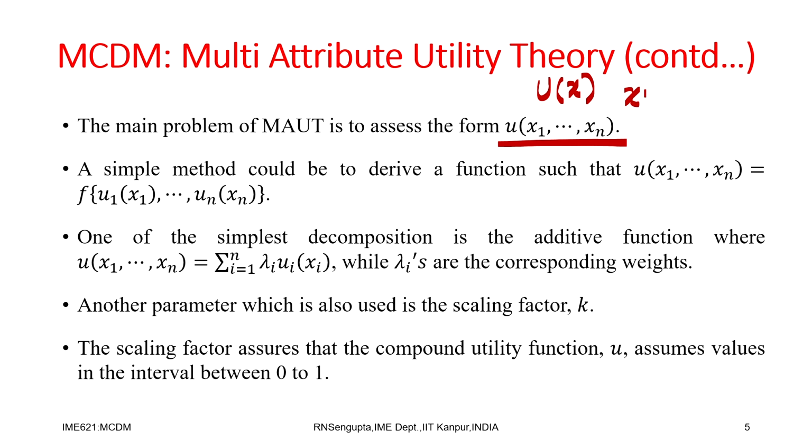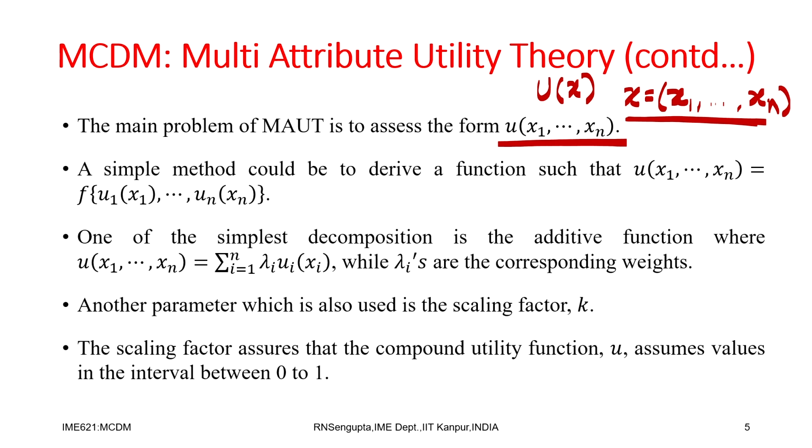So, the x vector has x 1 to x n. So, we want to find it, and that is the multi-attribute utility concept, which, as I mentioned few minutes back, can be broken up or stitched from a univariate utility function case.